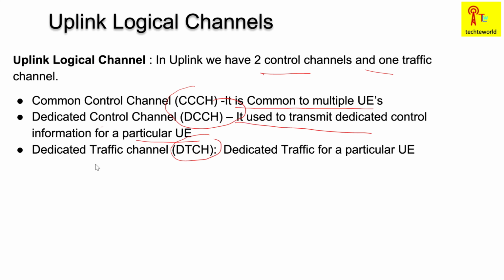The third one is the dedicated traffic channel; as the name implies, it transmits the traffic or data related information for a particular UE. So these are the 3 important uplink logical channels: the CCCH, the common control channel, the DCCH, the dedicated control channel, and the DTCH, the dedicated traffic channel.